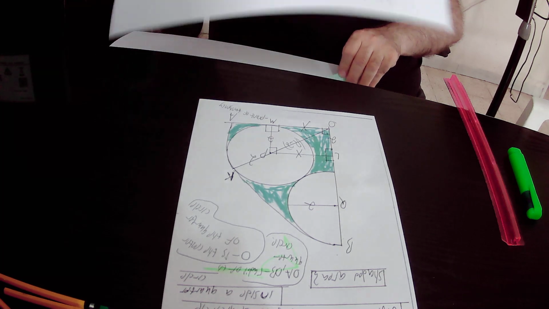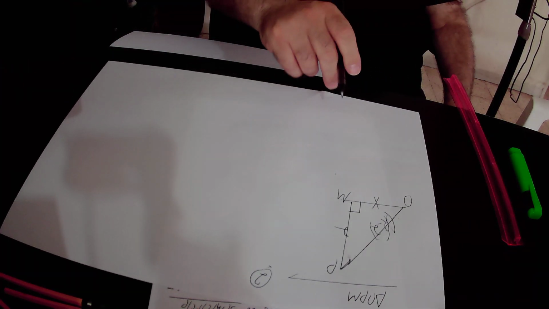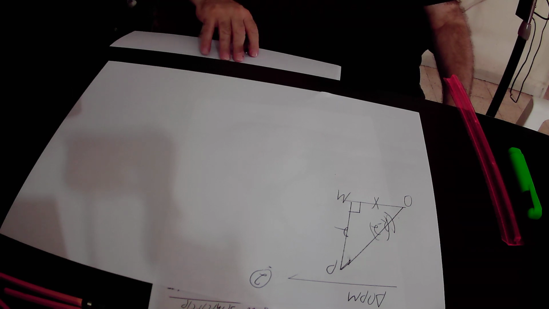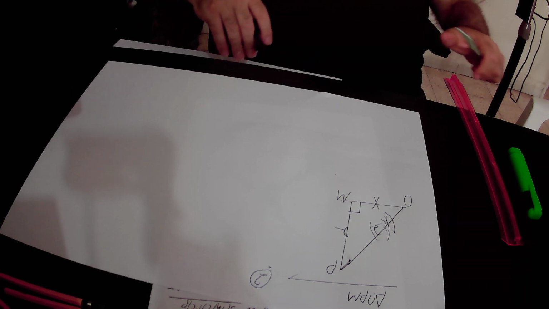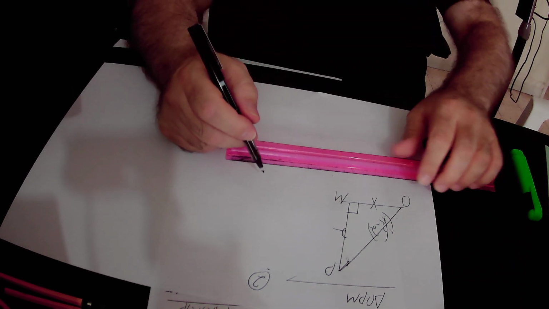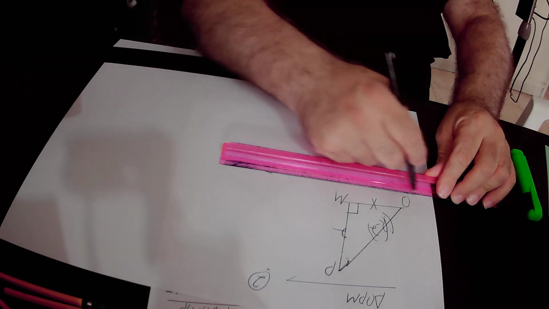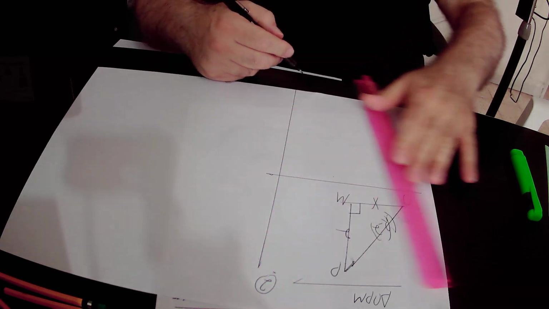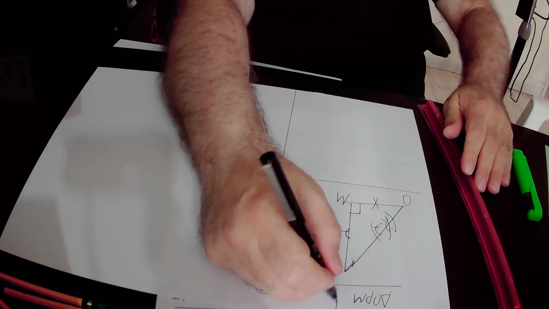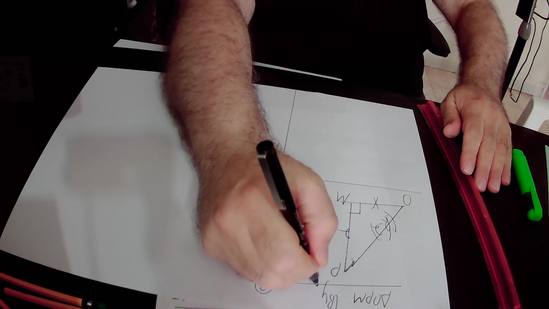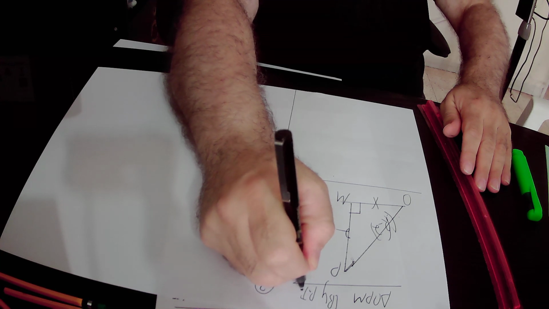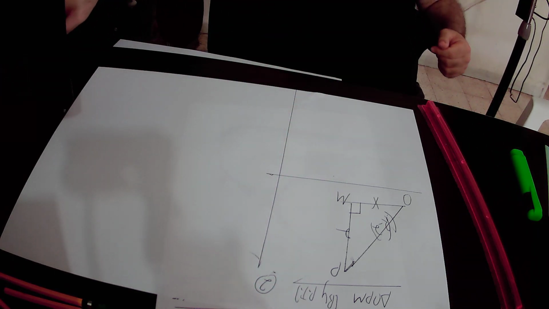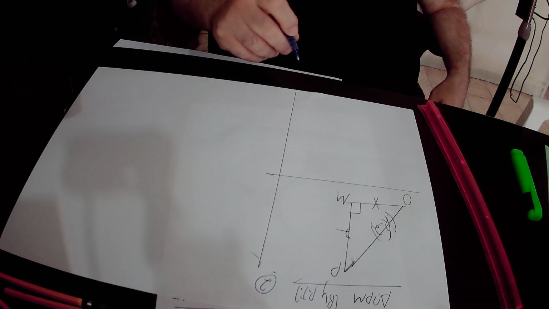PT is the abbreviation for Pythagoras theorem. According to the Pythagoras theorem, the square of the hypotenuse equals the sum of the squares of the perpendicular sides.